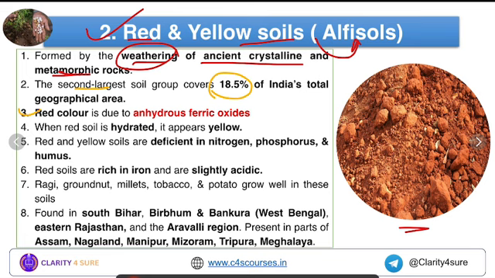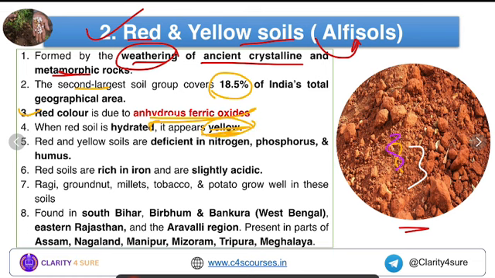Third, the red color of the soil is because of the presence of anhydrous ferric oxide. The presence of anhydrous ferric oxide makes this soil red in color. And when this anhydrous ferric oxide is combined with water, that is its hydrated form, it gives this soil the yellow color.